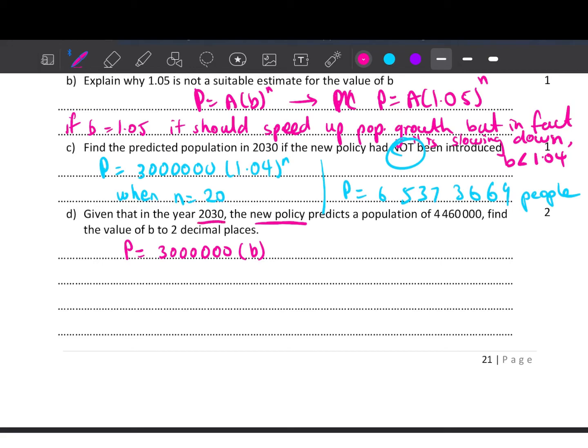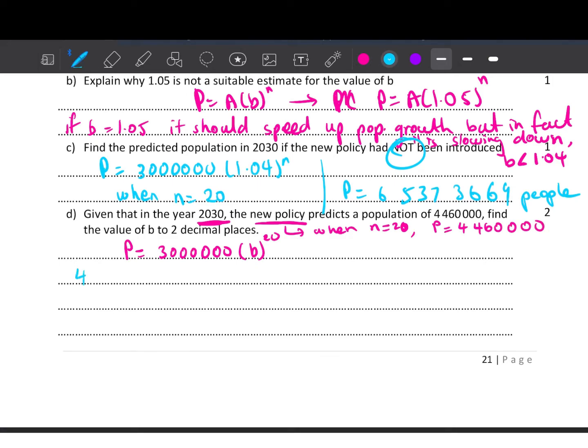Now in this case, because I'm looking at 2030, it's also when n is equal to 20. So it will be to the power of 20. I want to try and get B on its own. But there's more information I can gather from here. When it is the year 2030, which is when n is 20, I can gather that the population is 4,460,000. So let's sub that in.